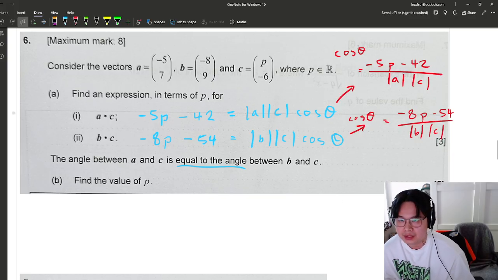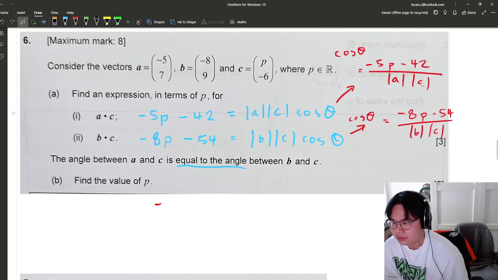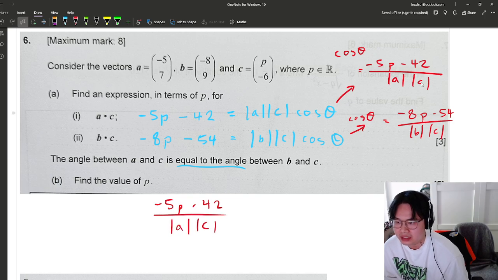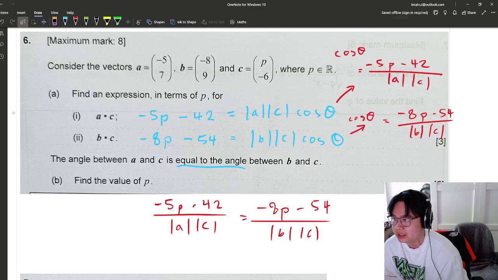Okay, so because these are both expressions for cosine theta and theta is the same, we can equate these two. Negative 5p minus 42 over length of A, length of C is equal to negative 8p minus 54 over length of B, length of C. Because they both have the length of C in the denominator, we can cancel those out.